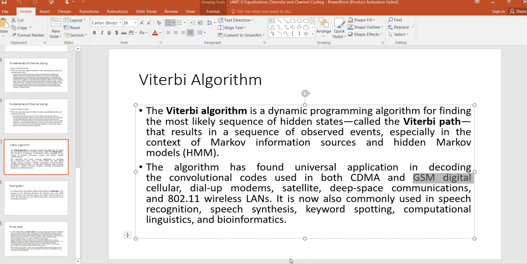Now speech recognition is also embedded with artificial intelligence, and you can communicate with the system using speech. The next one is the speech synthesizer. Then there is keyword spotting, computational linguistics, and bioinformatics. All those examples of these communications are based on these algorithms.